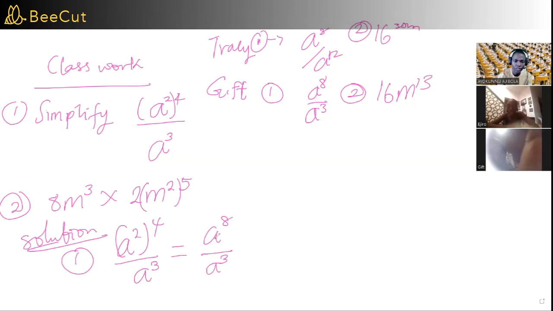But don't forget that this is a division line. This over means division. So this is going to be A raised to power 8 minus 3, and that is going to be A raised to power 5. So this is the answer to the first one, A raised to power 5, not A raised to power 8 over 3, and not A raised to power 8 over A raised to power 12. So take note of that.